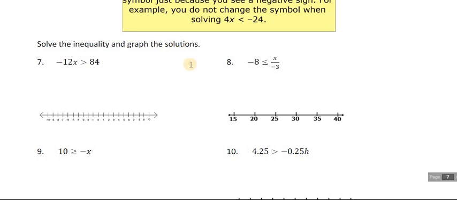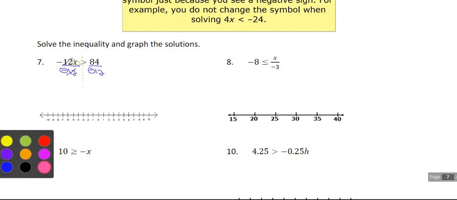So number 7 is going to be our first problem that addresses that. I'm going to circle my variable, dotted line through our inequality, and now we would say, well, the negative 12 is attached to the x through multiplication, so we're going to divide. So I need to divide by negative 12. And because I divided both sides by a negative number, that means I need to flip my inequality symbol.